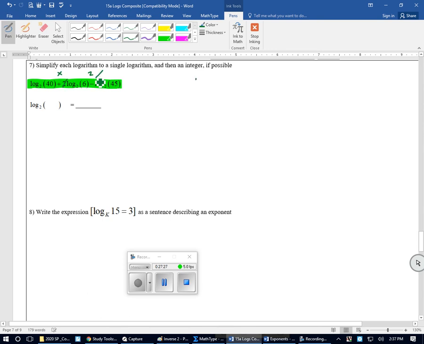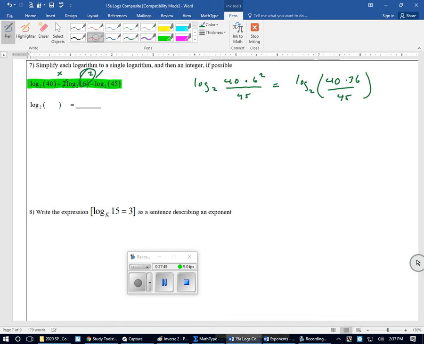That's going to say log 2 of 40 times 6 squared over 45, which is log 2 of 40 times 36 over 45.